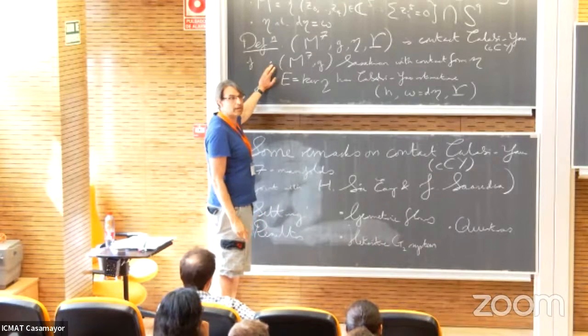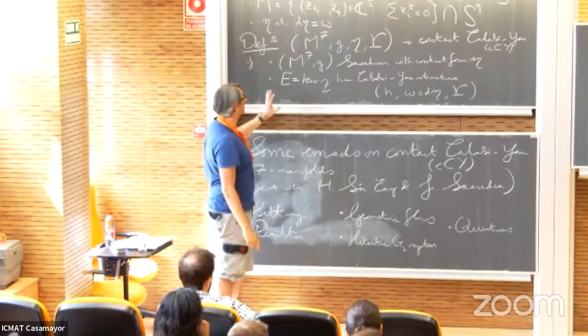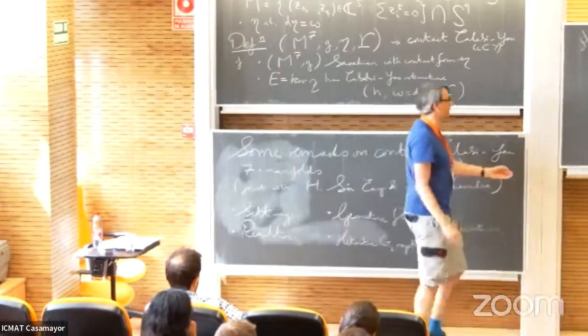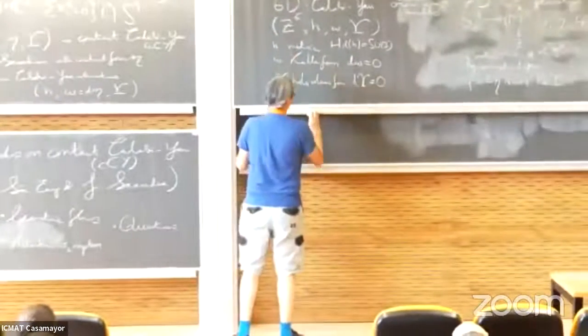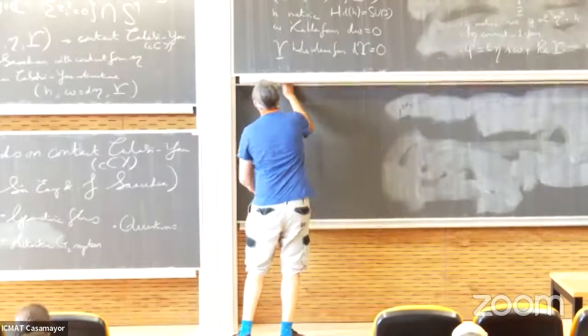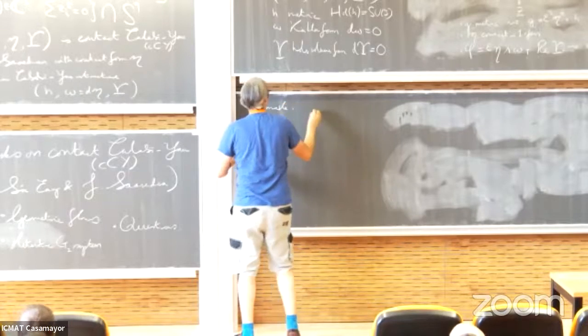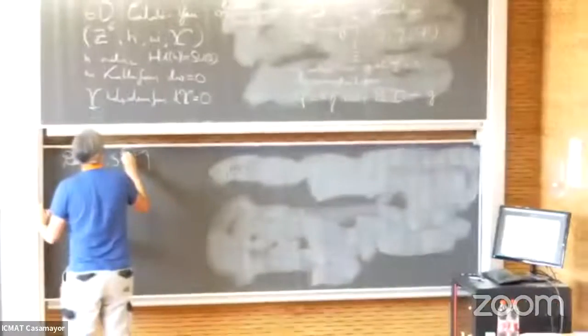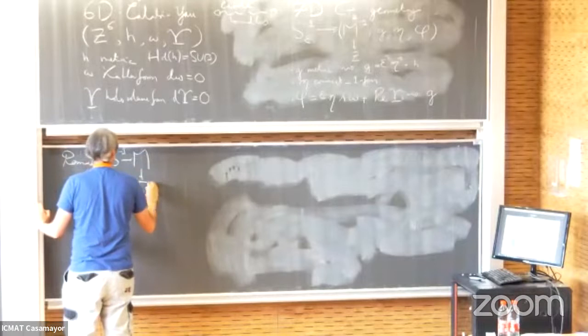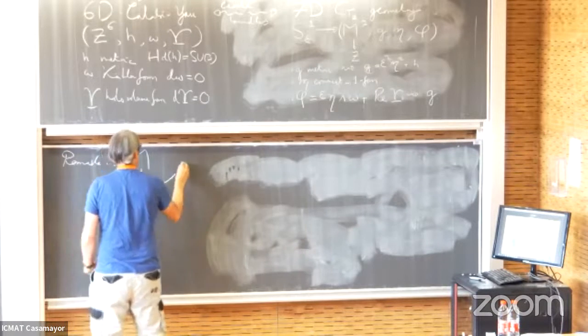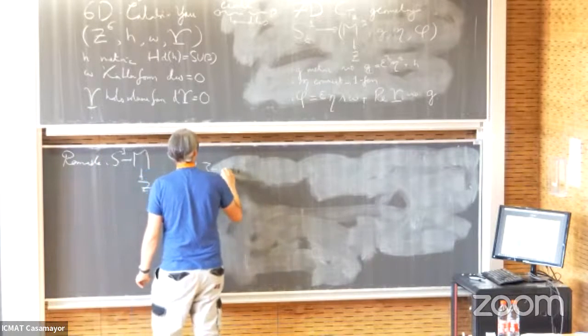So it won't necessarily be a manifold, but it will be over an orbifold. So in fact, that's the remark I was just going to make, so I'll write it down. So the remark is, M is a circle bundle over Z, where this is a Calabi-Yau 3 orbifold.